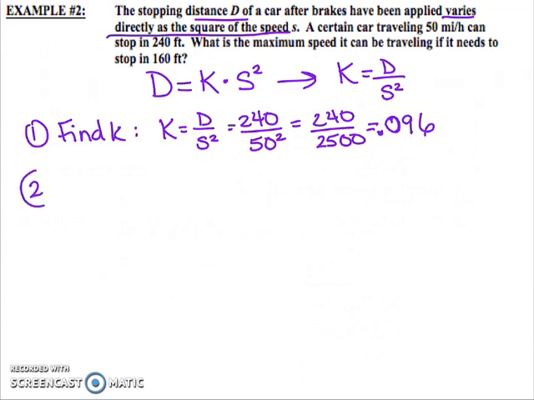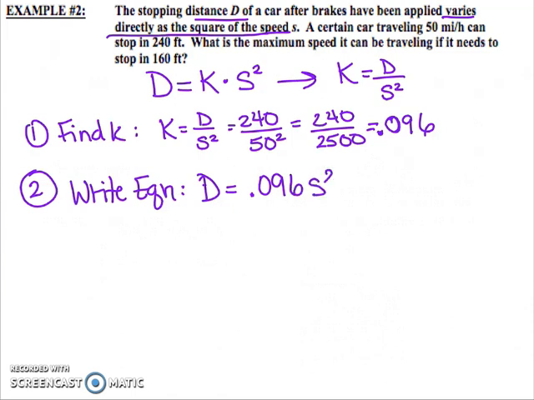So now we can use our k value and we can plug it into our equation. So our second step, which is really no work, it's just a matter of plugging things in, is to write our equation. So our equation for this problem is going to be d equals 0.096 times s squared. And now we can finally use this to answer the question.